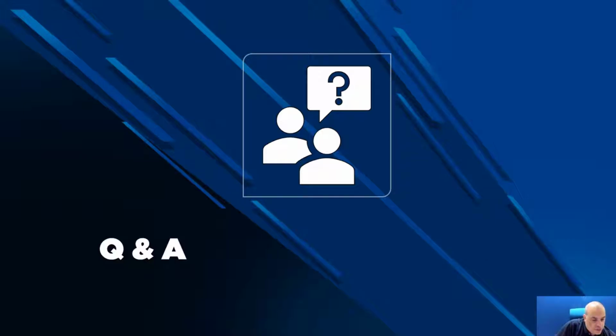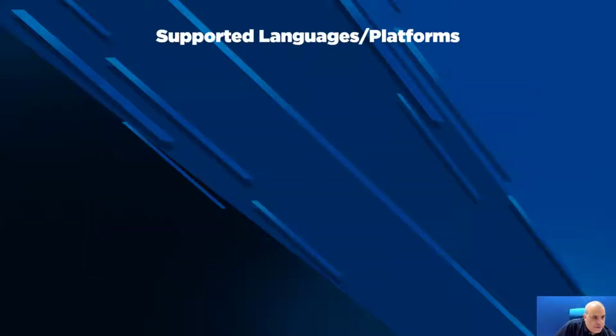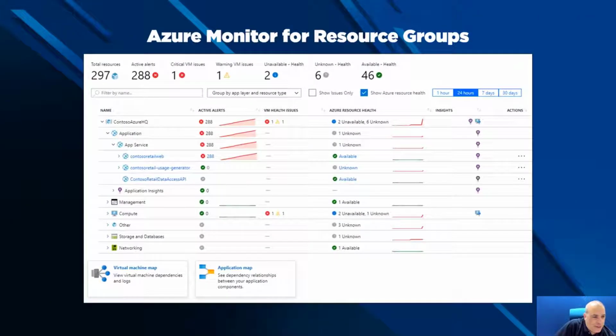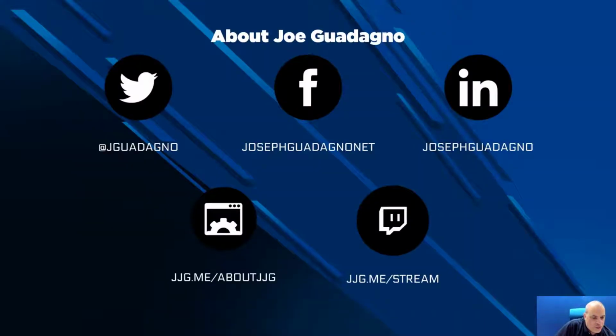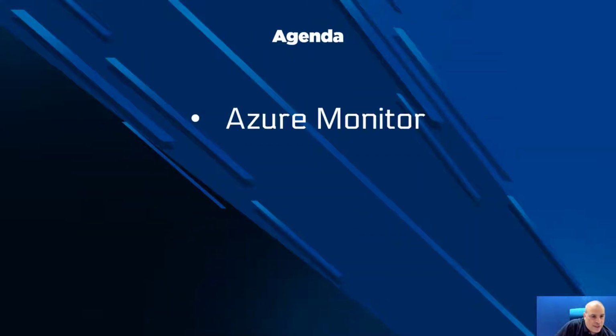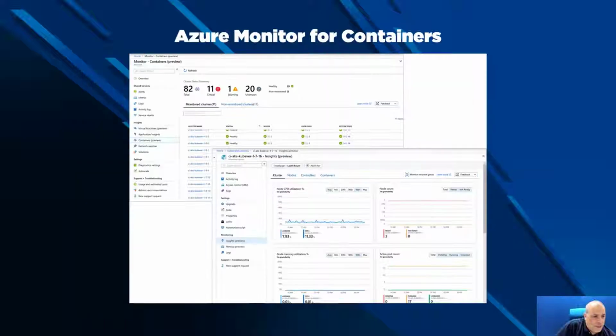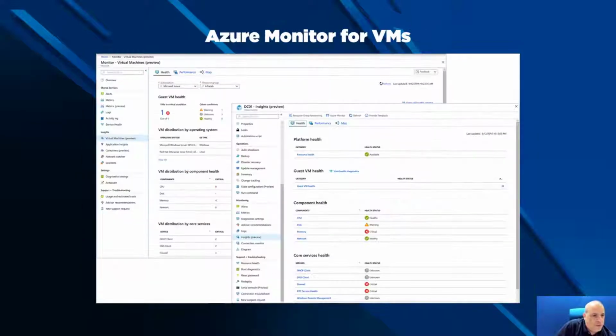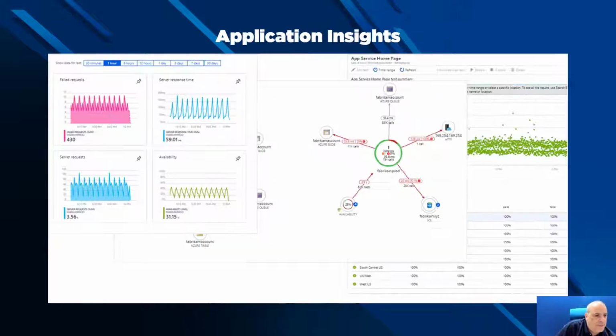If we go to the first set of slides, is probably because when we didn't have the issue or when we weren't showing the slides, but yes, you can monitor containers, you can monitor resource groups, you can monitor VMs.